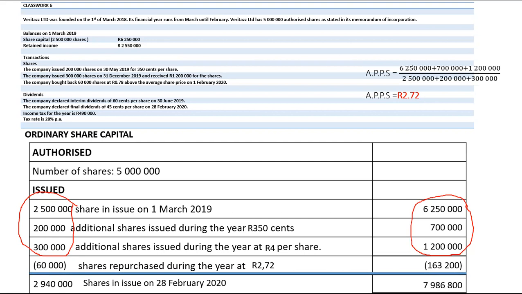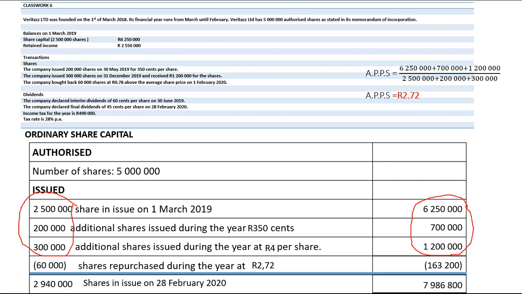Sometimes I can tell you that 60,000 shares were bought back and then not give you, let's say, that 1.2 million and ask you to calculate to fill it up. Now, to complete the whole thing, I will give you that 2,940 and I will give you that 7,986,800. But with that 7,986,800, you don't have 163,200, you don't have 1.2.